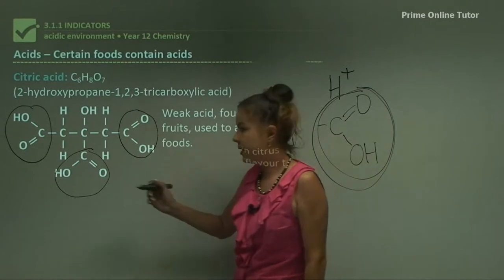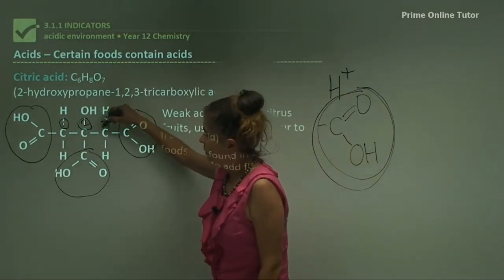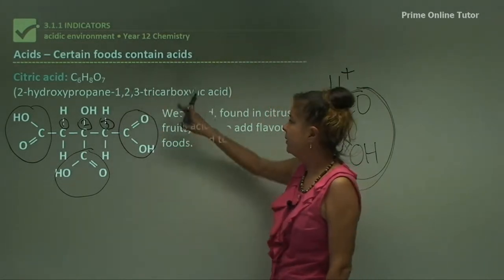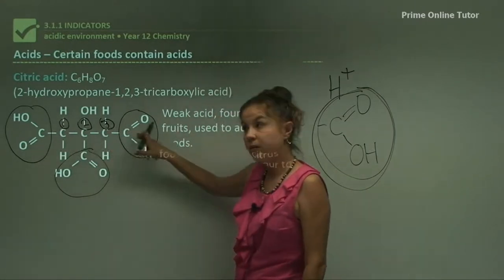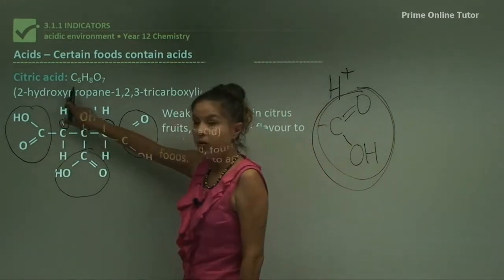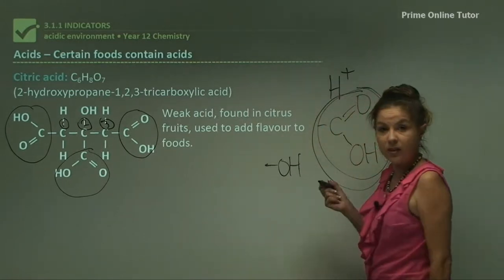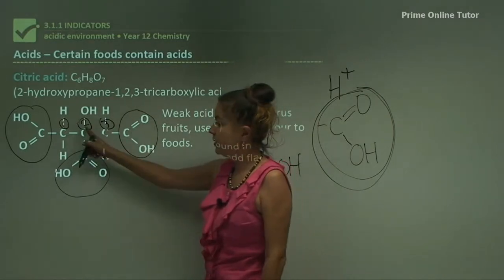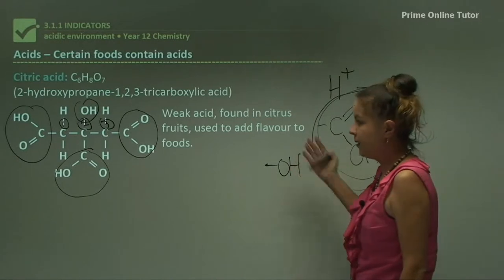So now we name the carbons. 1, 2, 3. 1, 2, 3, tri, meaning 3, carboxylic acid. There's one there, there's one on 2, and there's one on 3. 2-hydroxy, meaning a hydroxy group is an OH group. So 2, meaning we have an OH group on the second carbon. Okay? So that's how you systematically name organic compounds.